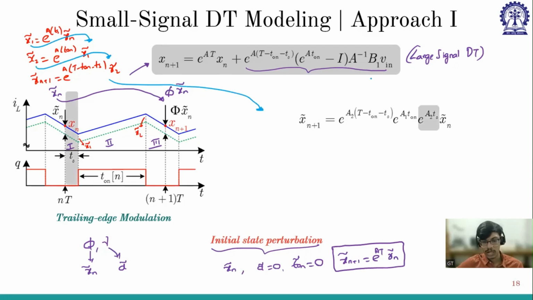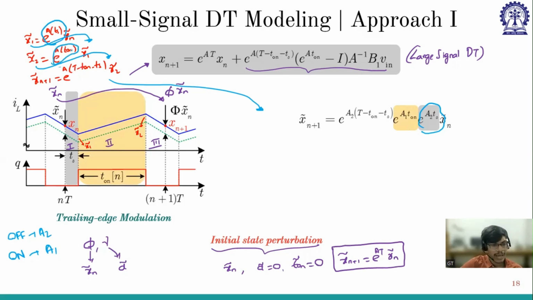This term e to the power A2 is for the off region, right? SAR considers A2 as the matrix for the off region and A1 for the on region. So e to the power A2 into Ts, whatever we have got here, then this corresponds to the on region, which is A1 into t on. As it is on time, SAR considers A1, but in a buck converter both are the same.